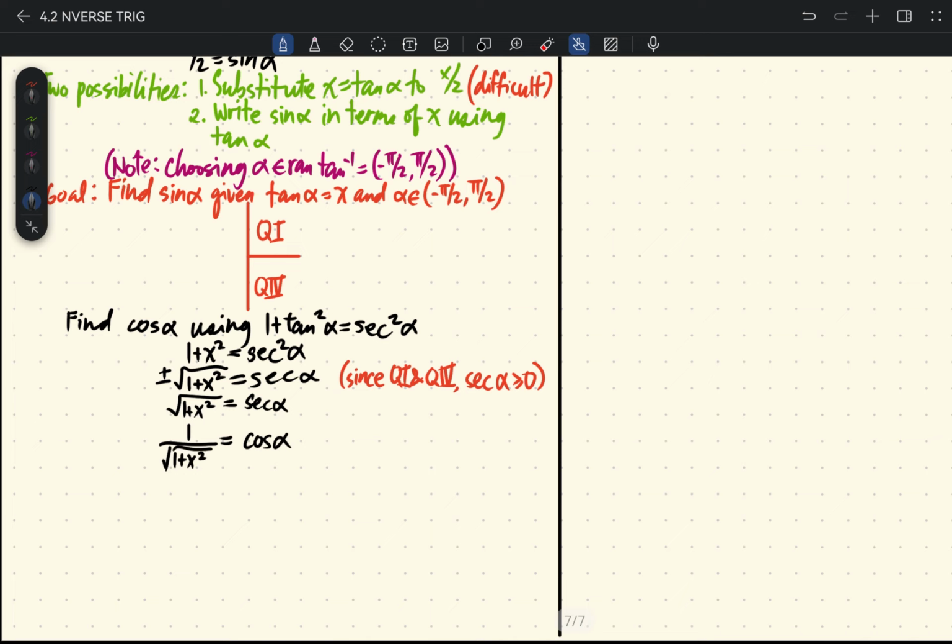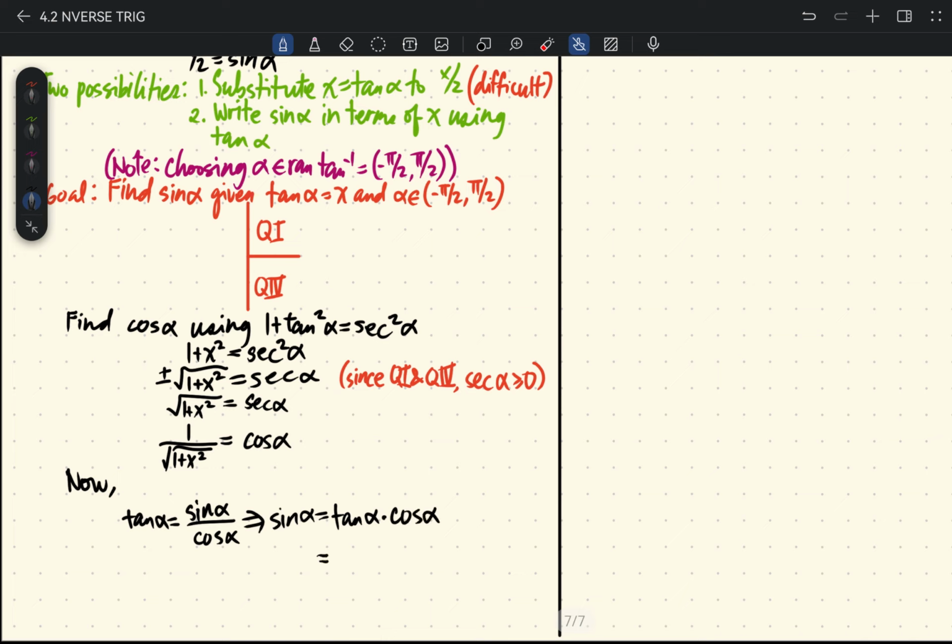Okay? Now that we have your cosine alpha, we can directly find sine alpha. So now we know that tangent alpha equals sine alpha over cosine alpha. And so sine alpha is just tangent alpha times cosine alpha.